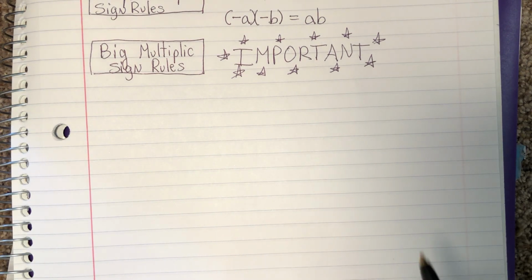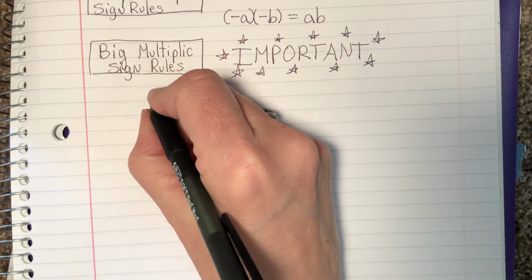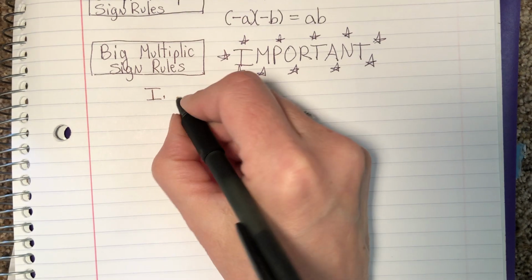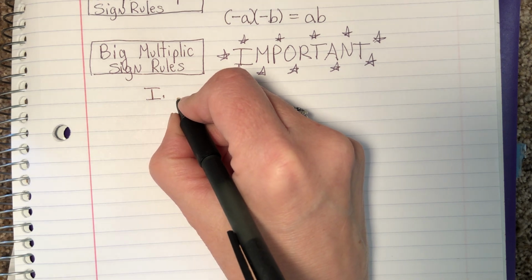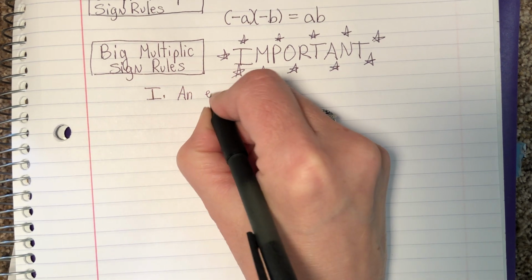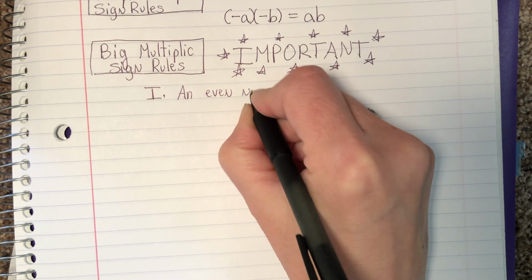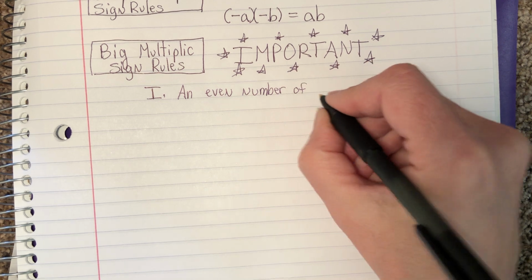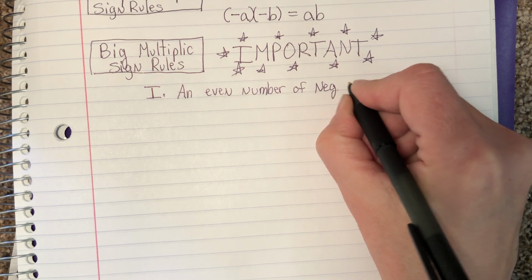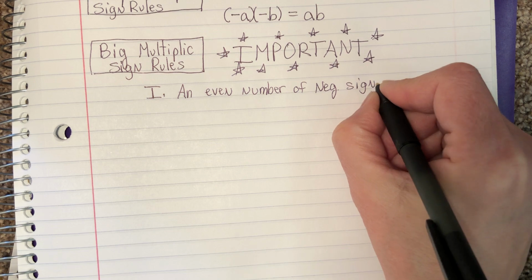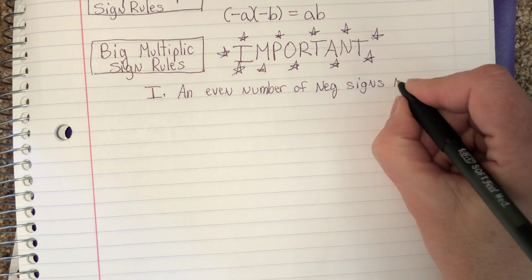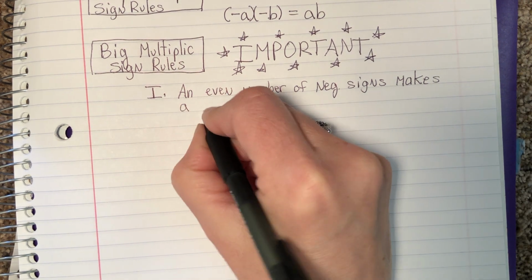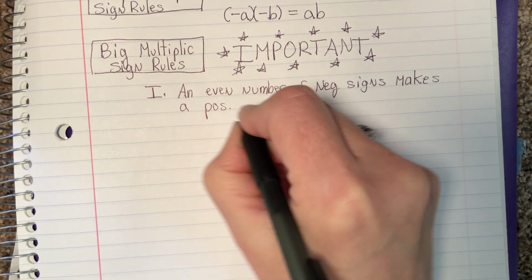Okay. So there's two parts to it. Part one is that an even number of negative signs makes a positive answer.